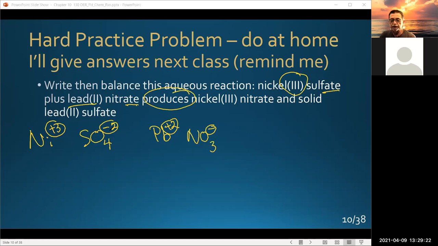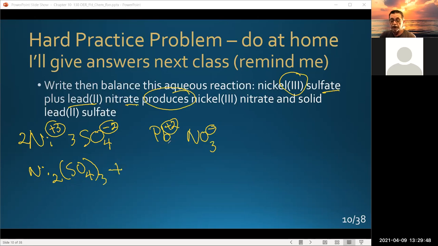So nickel 3 and the sulfate, we got a dissimilar system here. +3 and negative 2 are the charges. Find a common number again, which would be 6, right? And so I need 2 nickels, and then parentheses because I need 3 sulfates, parentheses SO4 and then subscript 3. Okay.